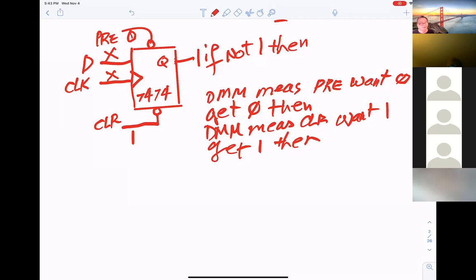So either it can be 0 or 1, how do we need to measure? That's why you do not try to measure anything at input D or the clock. Just go ahead and change the IC.